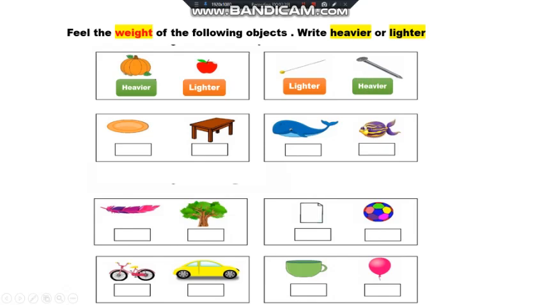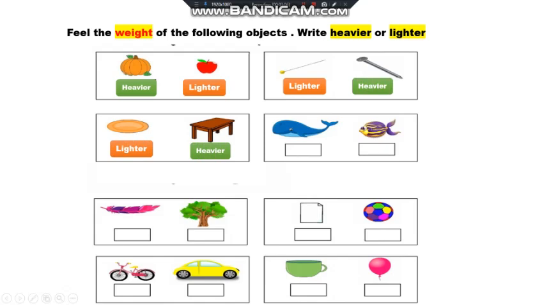The third picture again has two pictures. First is the plate and next is the table. The plate is light in weight, that is the lighter, and the table is heavy, that is the heavier in weight. The fourth picture has two pictures.